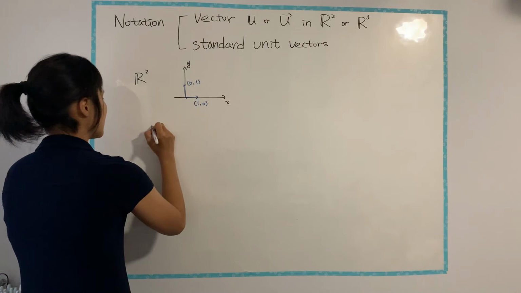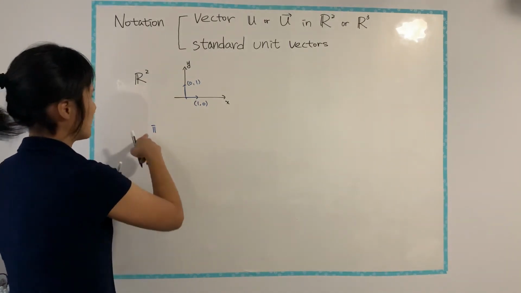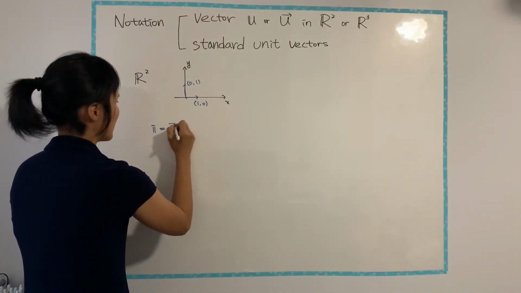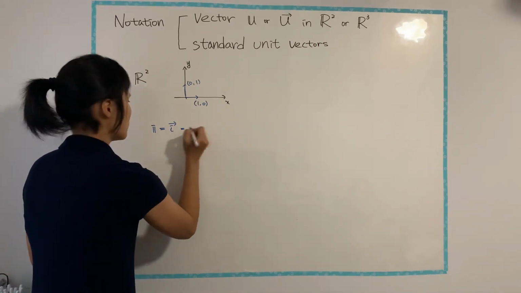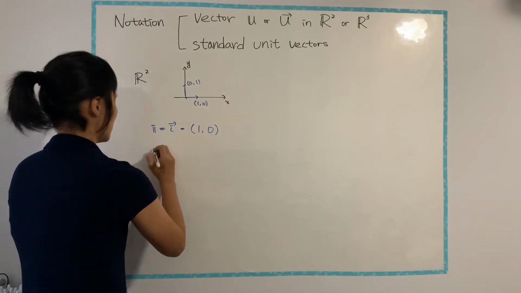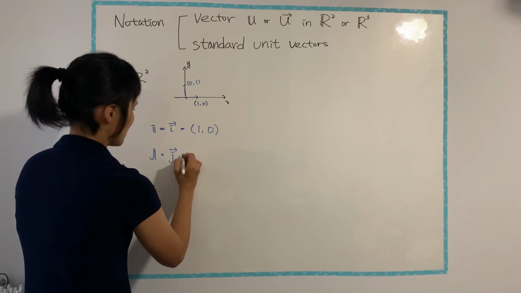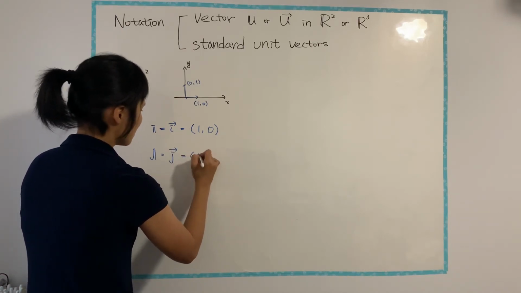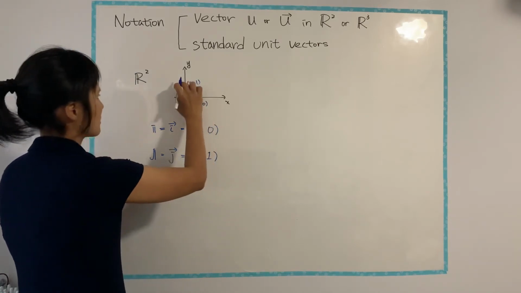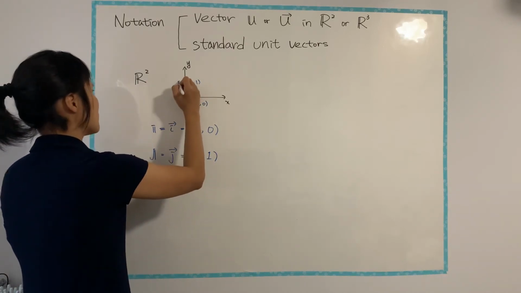So I will write i, okay, so I'm not using u, v, w, I use specifically i, with a vector arrow on top to denote the vector in the x direction, (1, 0). And I use the vector j, or j with a little arrow on top, to denote the vector (0, 1). So this one is my unit vector i. This is my vector j.